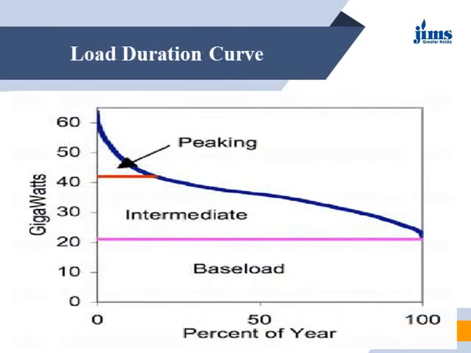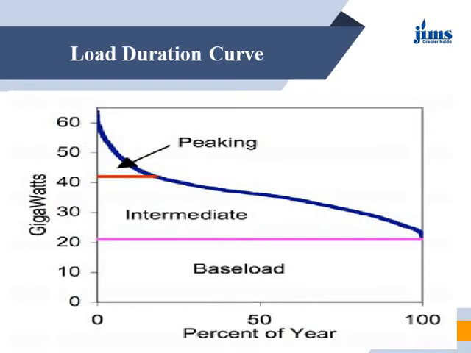In this load duration curve, this is the percentage of the year, starting from 0, if you say the year starts from the month of January, then 100 shows the month of December. The peaking load is shown at the upper side, and there is a balance intermediate demand, and the intermediate demand is always less than the base load demand.